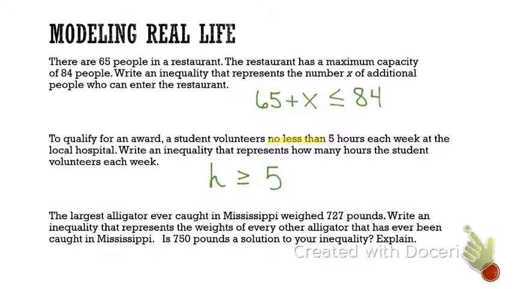The largest alligator ever caught in Mississippi weighed 727 pounds. Write an inequality that represents the weights of every other alligator that's ever been caught. I will pause it real quick and see if you can set up your inequality. I'm going to use A for alligator.